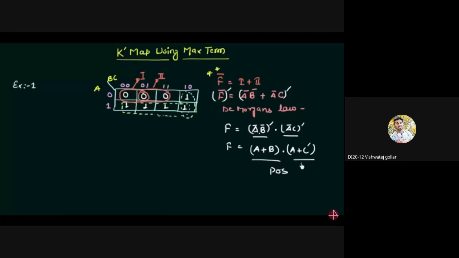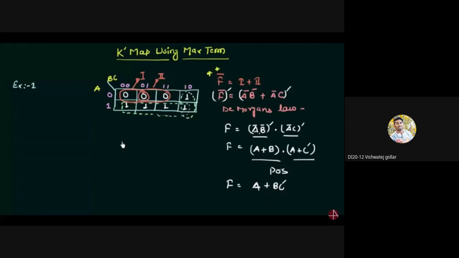Now, if I simplify this by using Boolean algebra, then you might know what is the distributive law. I'm directly using it, distributive law. So by using the distributive law, it is A or B C complement, and this is something you are going to get when you combine this one.